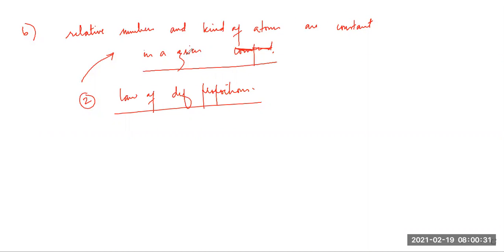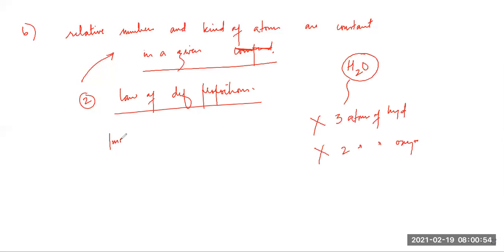The relative number and the kind of atoms are constant in a given compound. This means if it is a molecule of H2O, then in one molecule of H2O there cannot be three atoms of hydrogen, or two atoms of oxygen.